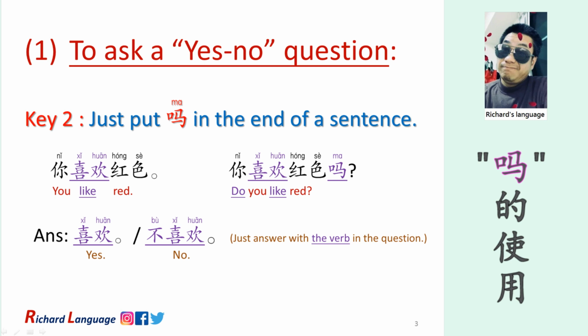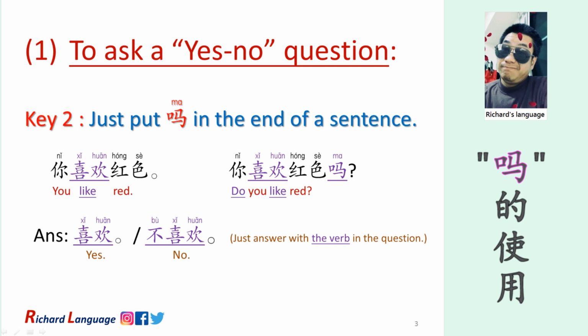It is very easy. You don't need to change any sequence of the word. In Chinese, you just put the word ma in the end of this sentence. So that is, 你喜欢红色吗？ So this sentence becomes a yes-no question.